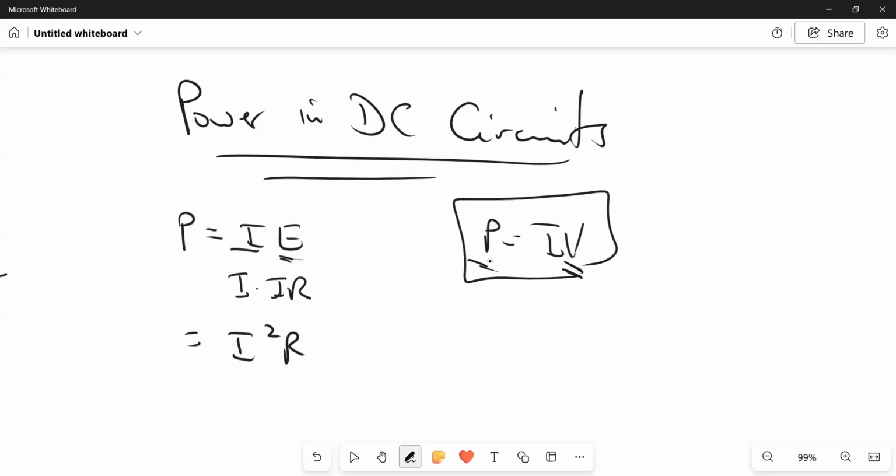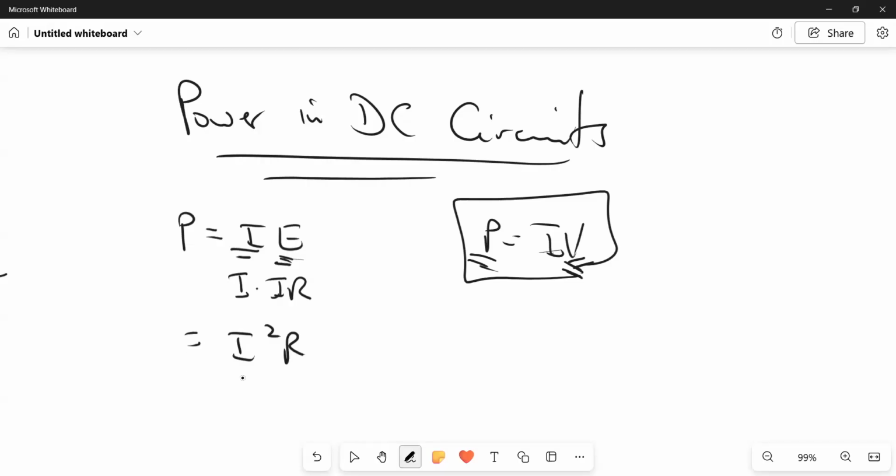If you want to know the power across a particular component, that it's going to burn, you multiply the current through that component by the voltage across it, right? But if you're dealing with an overall circuit, the current times the electromotive force of the entire system will say how much power is being used, right?